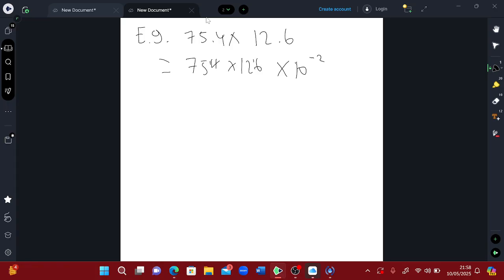So first of all, we need to compute 754 times 126. So 6 times 4 is 24. 4, carry the 2. 6 times 5 is 30, and 32, add 2, 32. 2, carry the 3. Then you have 6 times 7, which is 42.